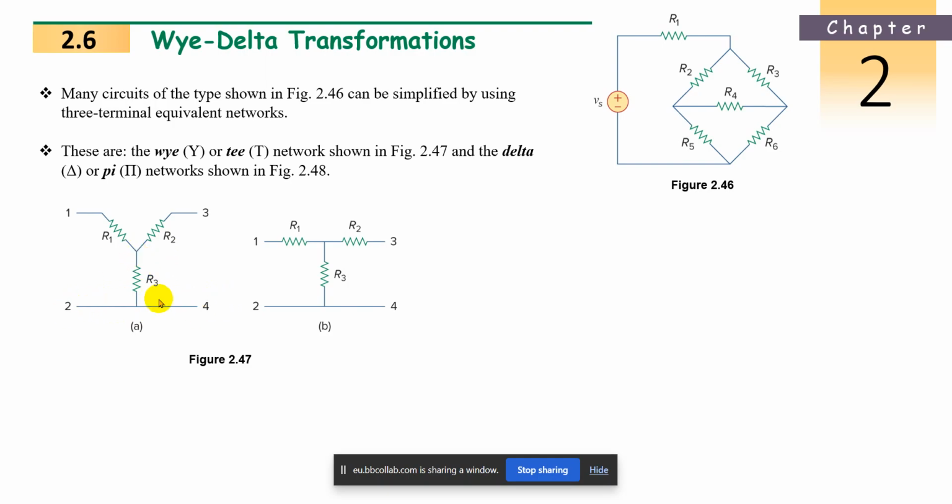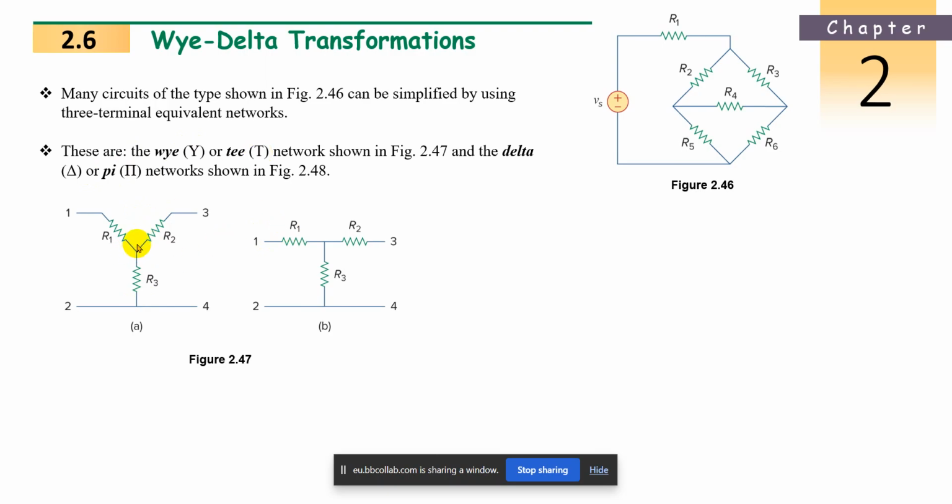Just, they are stretched, and I have shown it as 2 and 4, which is useful for another type of transformation or network. So between nodes 1, 2, 3 and 4, the resistances R1, R2, R3 are connected in this fashion, and this is called your Y network or T network. How does it become a T?